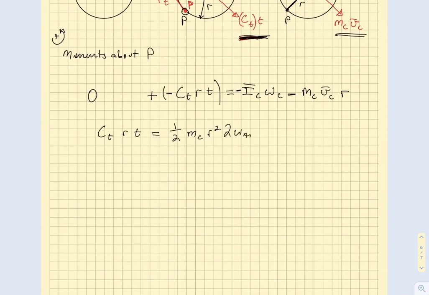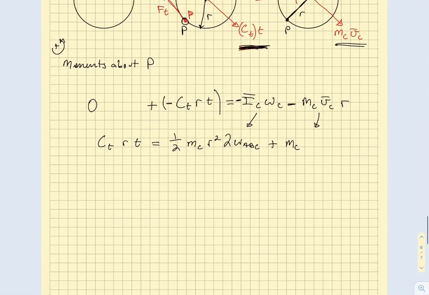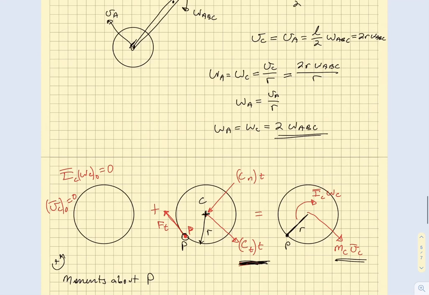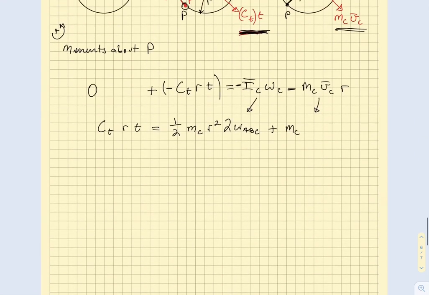So I have CT RT is equal to, remember I bar was equal to, for a disk, 1/2 MC R squared. And the omega C that we had shown up here, remember, is just 2 times the omega ABC. So that's this term.